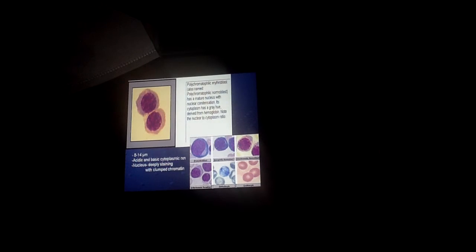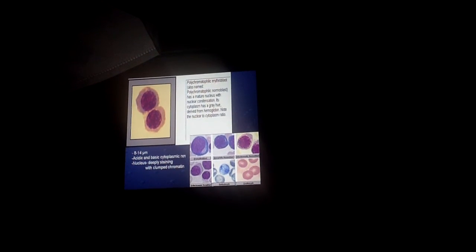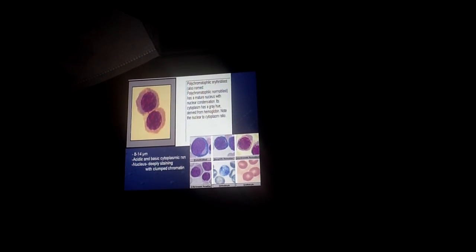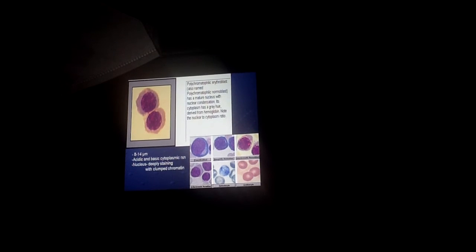And then, pag nag-produce na yung cell na yan ng hemoglobin, which is colored red, it will now become that cell, polychromatophilic erythroblast. Poly comes from many, and then chroma, color. Many color kasi dalawang colors na ang ma-appreciate natin sa kanyang cytoplasm.